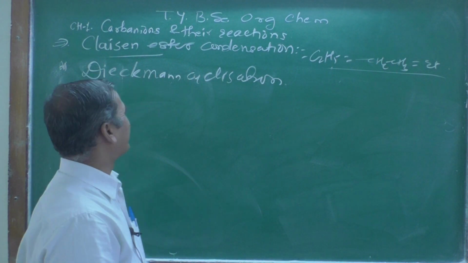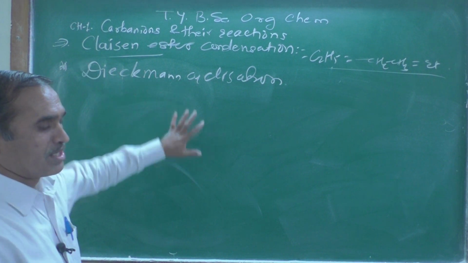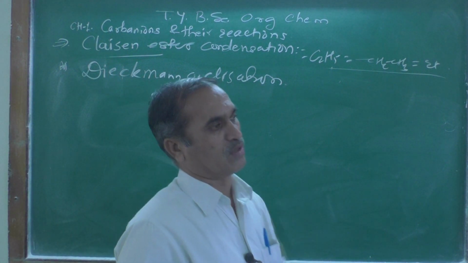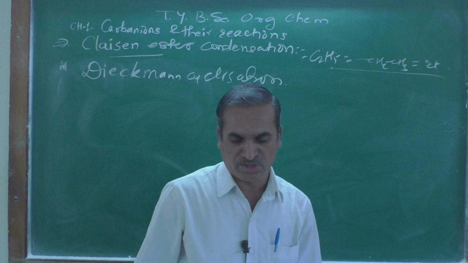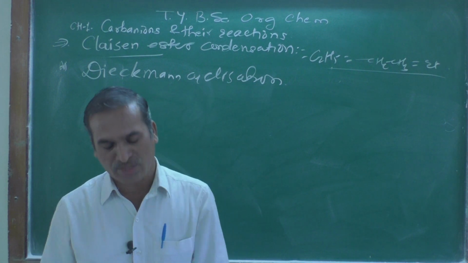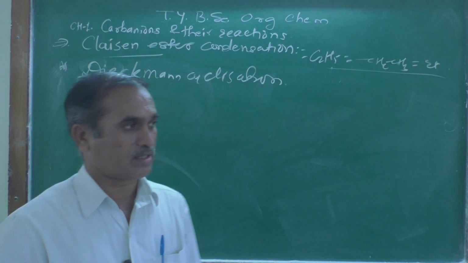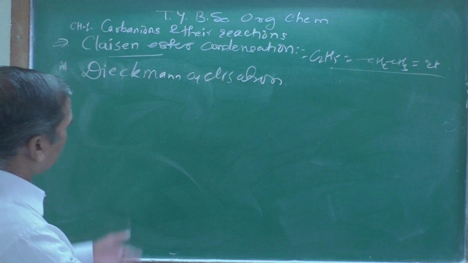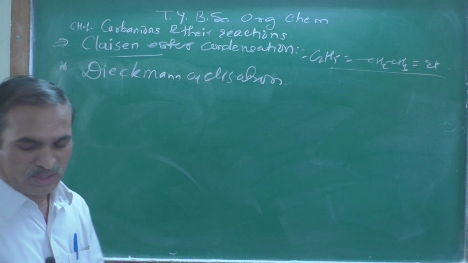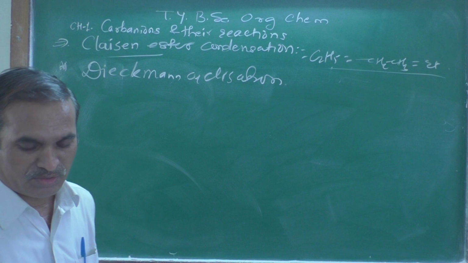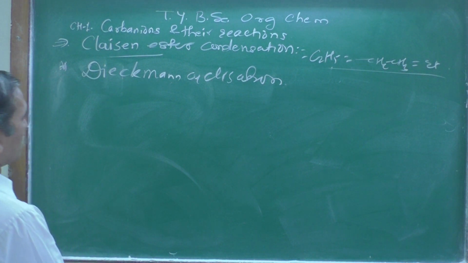Specifically, it is nothing but an intramolecular Claisen ester condensation reaction, meaning the ester groups are present in the same molecule, and therefore that type of compound is called Dieckmann cyclization.